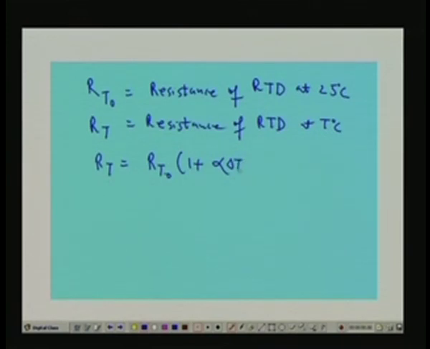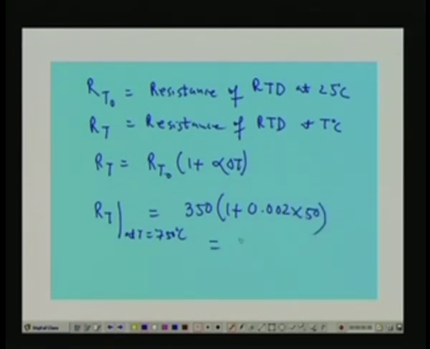We have taken the first order approximation, so it will look like this. So, quite obviously that means RT at T equal to 75 degree centigrade will be 350, it is already given, 350, right, multiplied by 1 plus 0.002 into 50. So, this will give you 385 ohm, right.